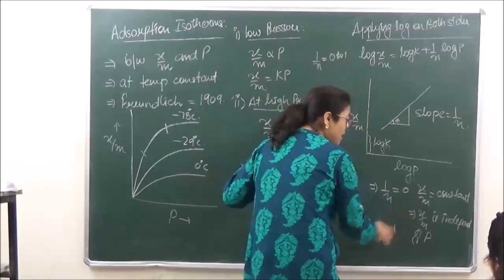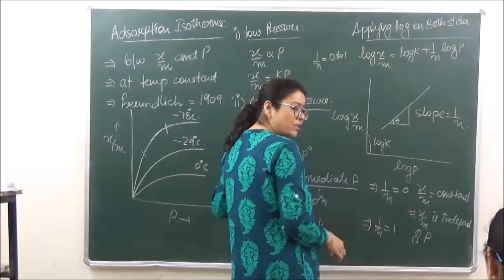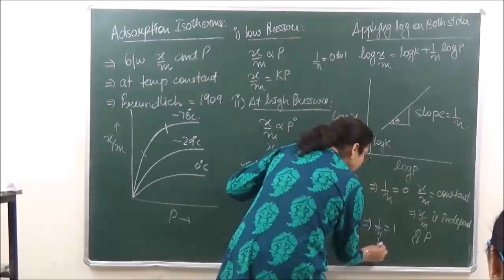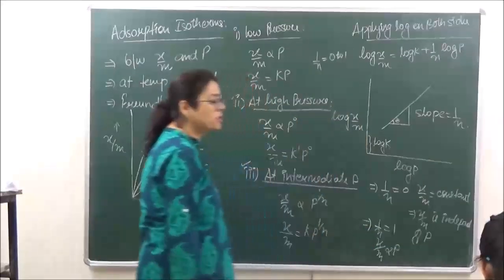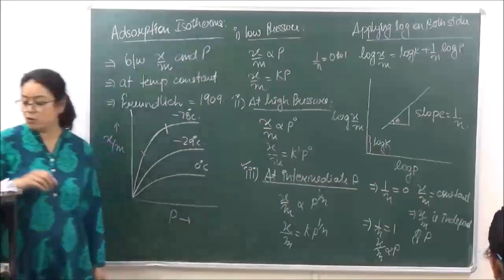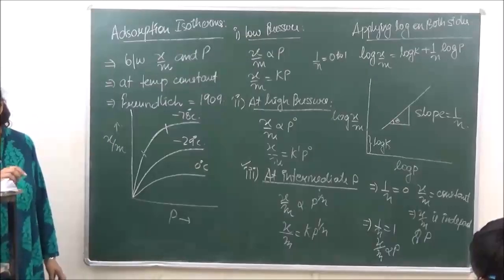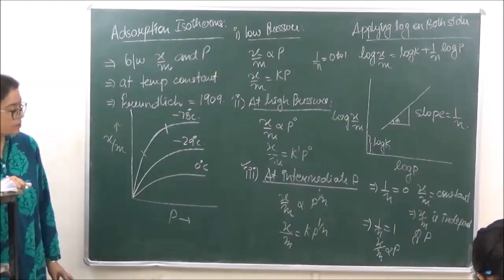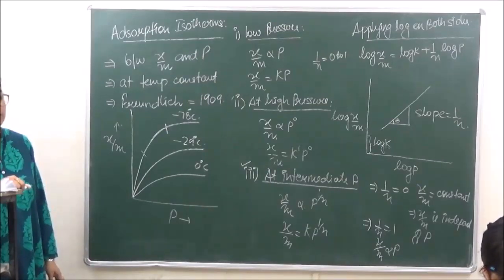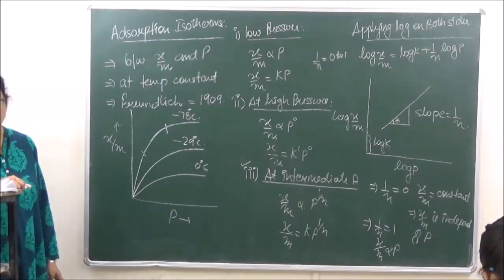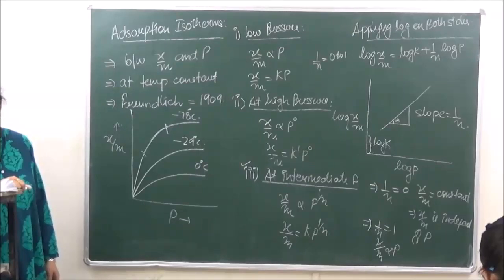That x upon m will be directly proportional to pressure. So we say that in that case the extent of adsorption is going to be directly proportional to pressure, or with increase in pressure, the extent of adsorption will increase. So this is what the Freundlich adsorption isotherm is.